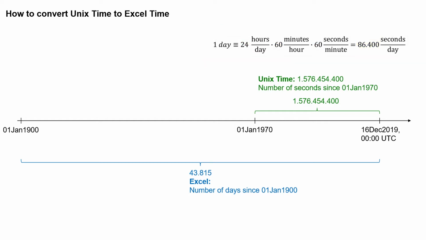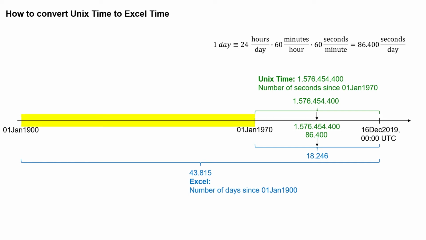Dividing now 1,576,454,400 by 86,400 yields 18,246, which are the number of days from the 1st of January 1970 until the 16th of December 2019. Additionally, we need to add next the number of days between the 1st of January 1900 and the 1st of January 1970 to bridge the gap.